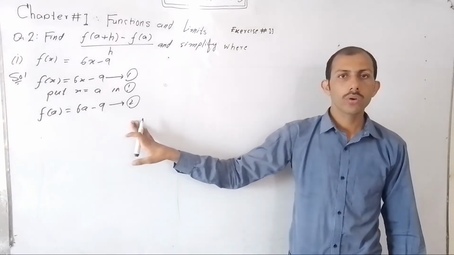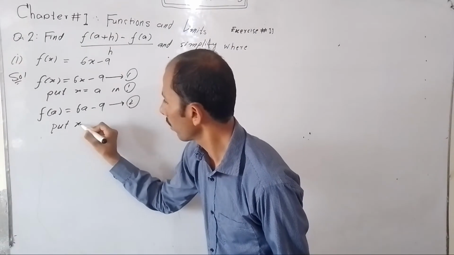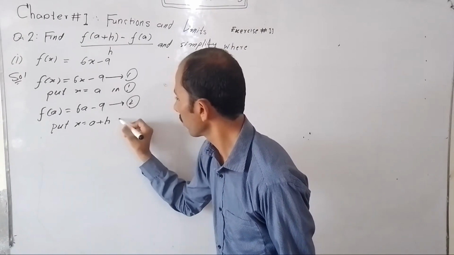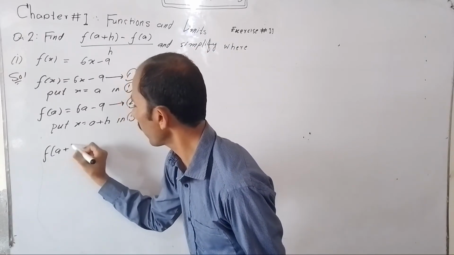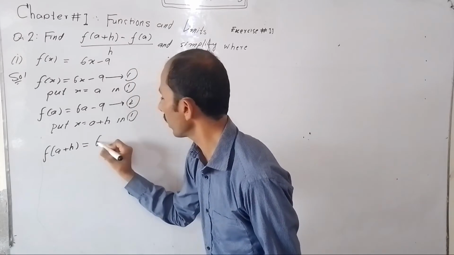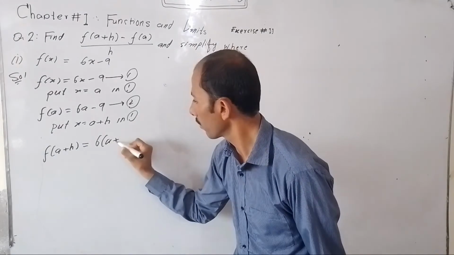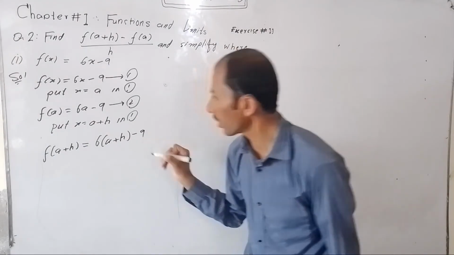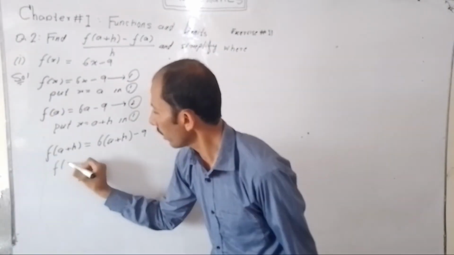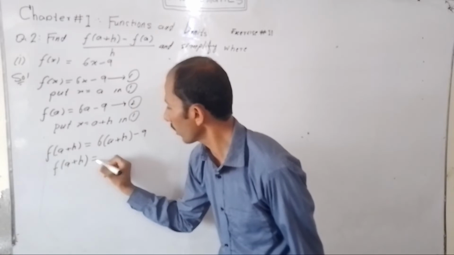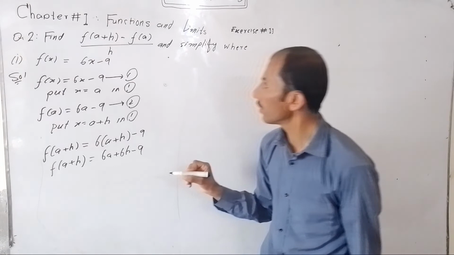Put x is equal to a plus h in 1. So f of a plus h is equal to 6 into a plus h minus 9. So f of a plus h is equal to 6a plus 6h minus 9.